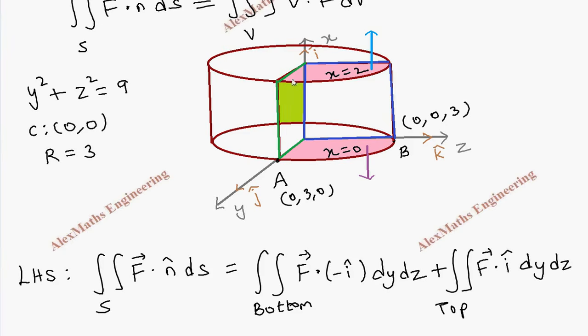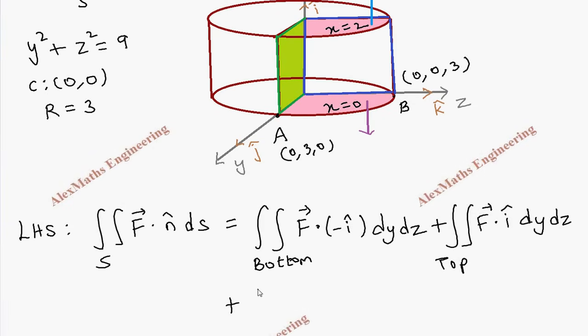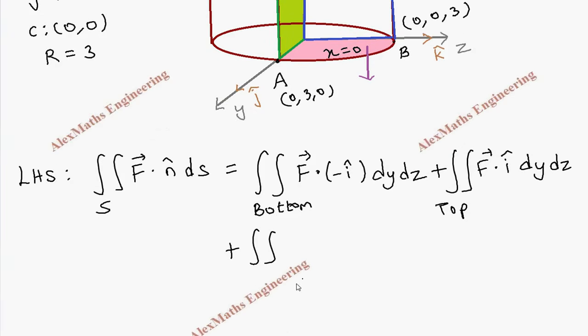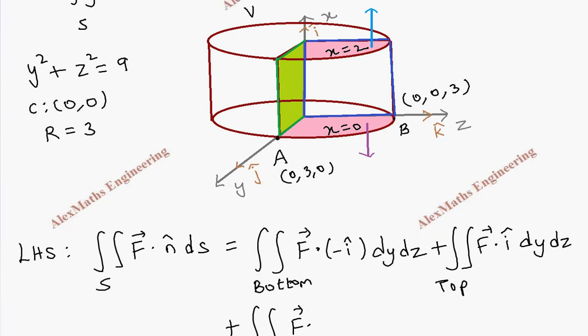Then I take this left surface, so it will be plus double integral. I take this as the left side, which is f vector, and this surface will have a normal vector which is pointing in this direction, which is opposite to that of k, which we can see here. K is here, so this is opposite to that of k.